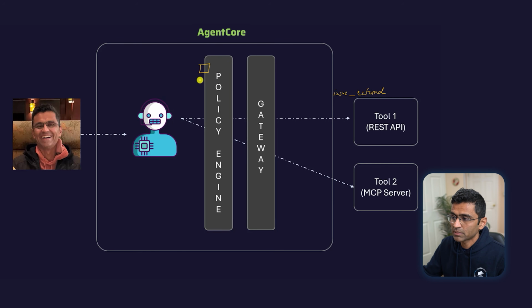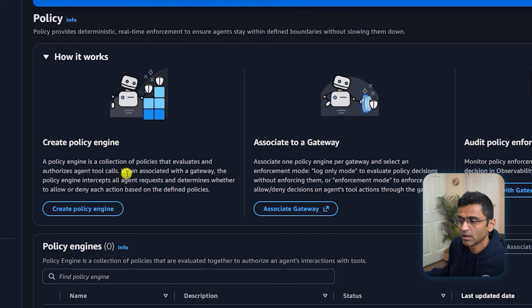You can create a bunch of policies. One of the policies is that if the refund amount is greater than a certain threshold, then don't allow it. This way, you can establish restrictions which are necessary for your business operation. As they have mentioned here, when you associate it with a gateway, it will intercept all the agent requests and determine whether to allow or deny based on the policy.